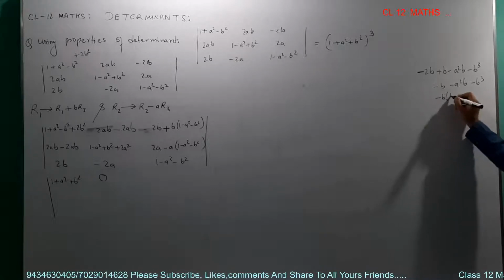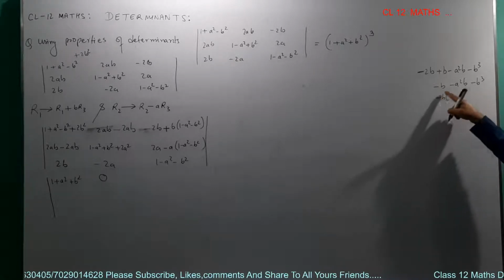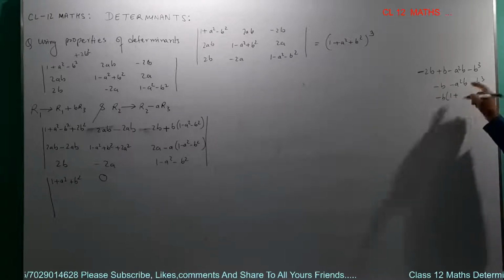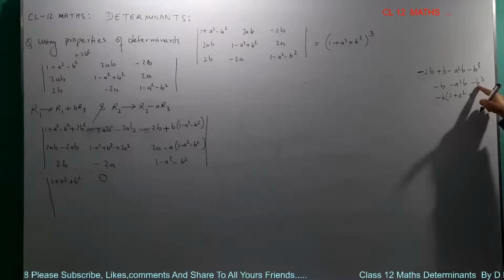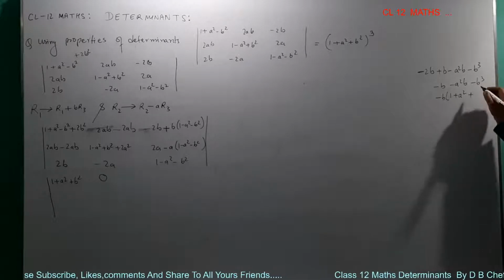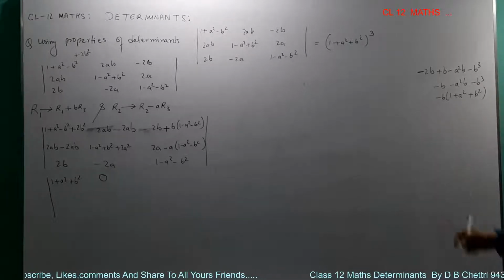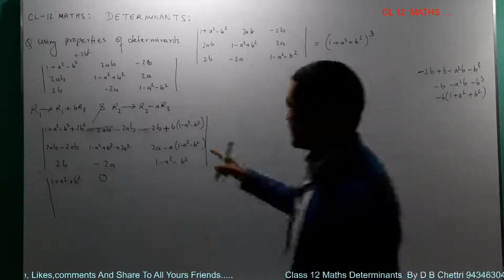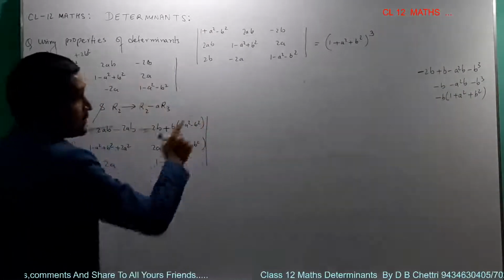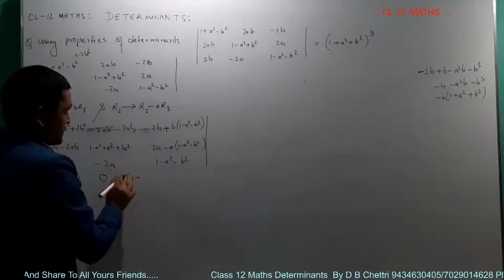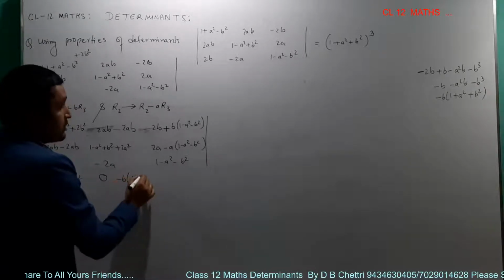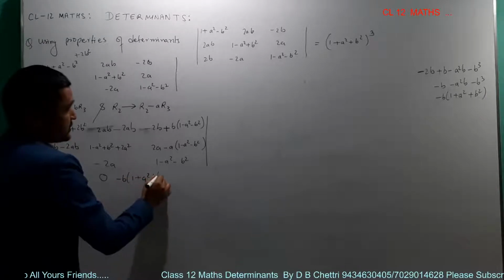Then what is left from here? Minus minus plus, we are taking b as common, a square. The minus minus plus, and we are taking b common from b cube, and what is left here? B square. Okay, what is the simplified one? After simplifying, what will we get there? Minus b, 1 plus a square plus b square.